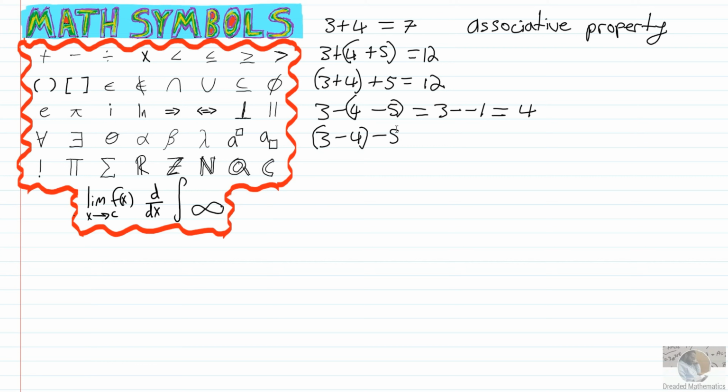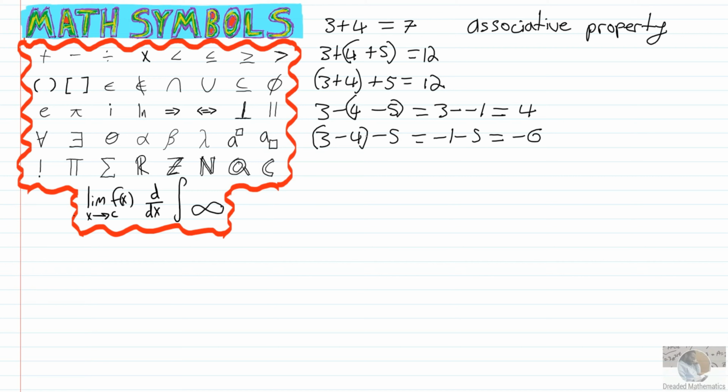For the other one we have 3 minus 4, that's also minus 1. So that's minus 1 minus 5, which is equal to minus 6. So clearly, it seems that minus is not associative. And that's a rule.